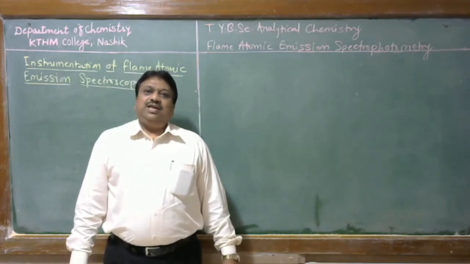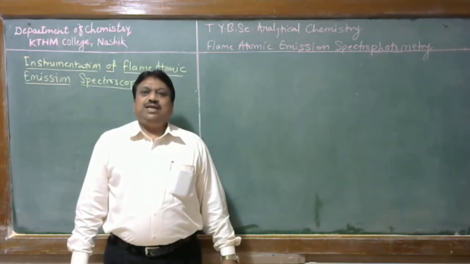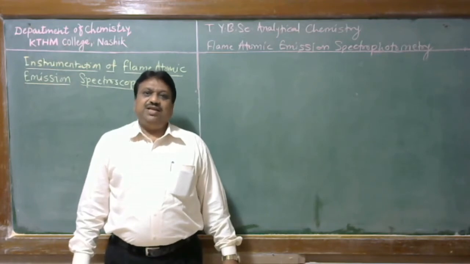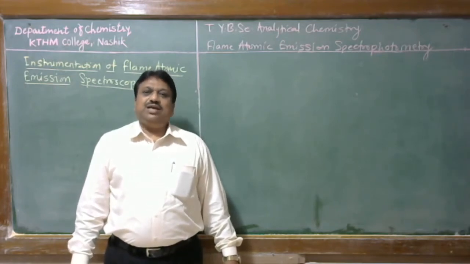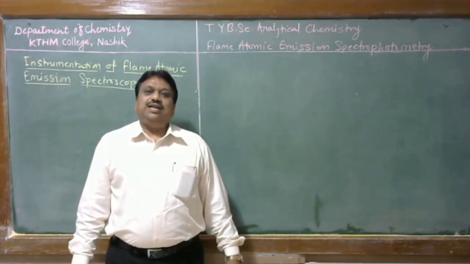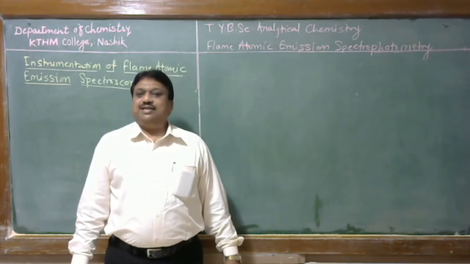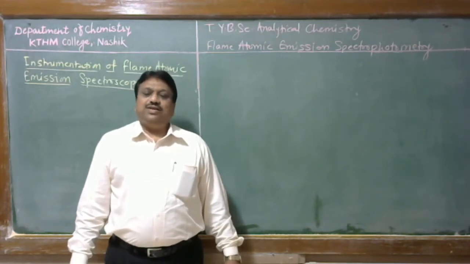Student, in atomic spectroscopy, when we irradiate atomic species with electromagnetic radiation and the radiation is absorbed by the sample, we can measure the absorbance or the radiant power absorbed at that wavelength for qualitative and quantitative analysis.